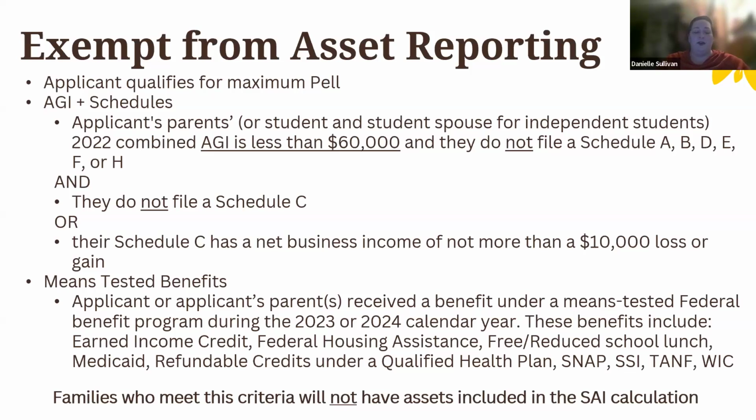They also can select that they have those means-tested benefits, which means that they've received those federal benefits during the 23-24 calendar year. So those again are the earned income credit, free and reduced school lunch, housing assistance, things like that. So any family who meets these criteria, they don't have their assets included in the student aid index calculation.